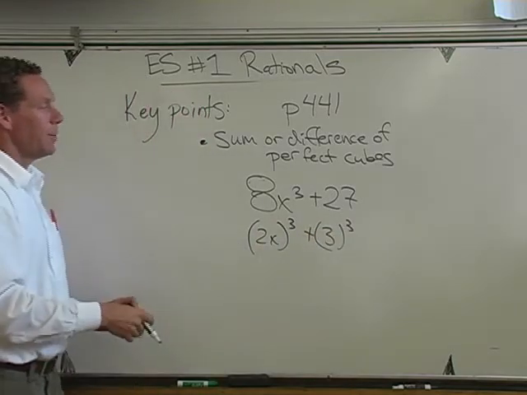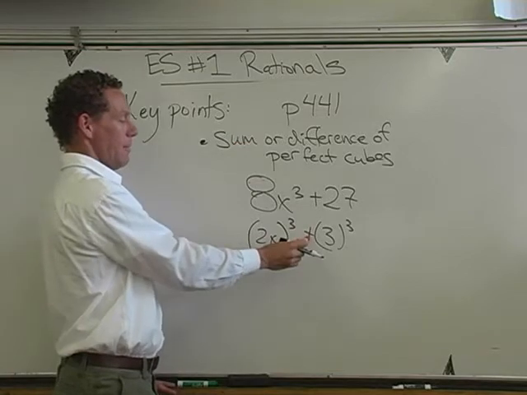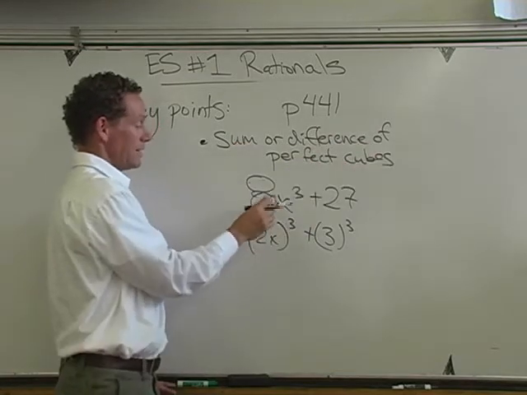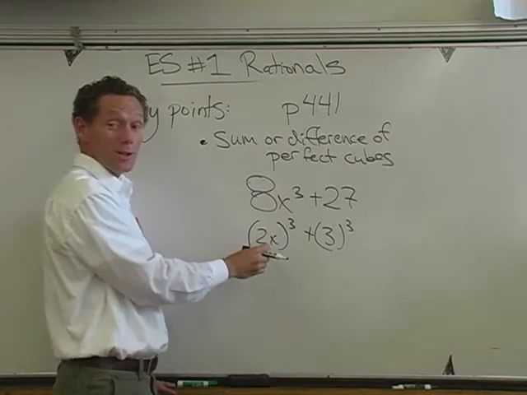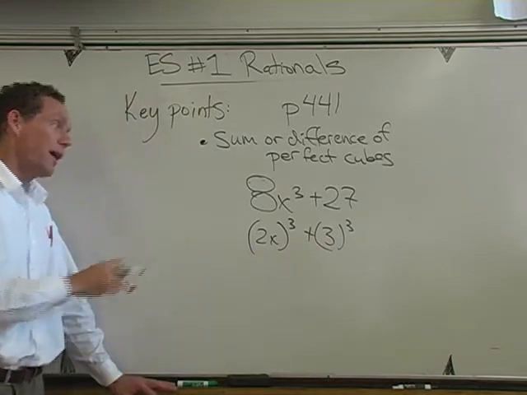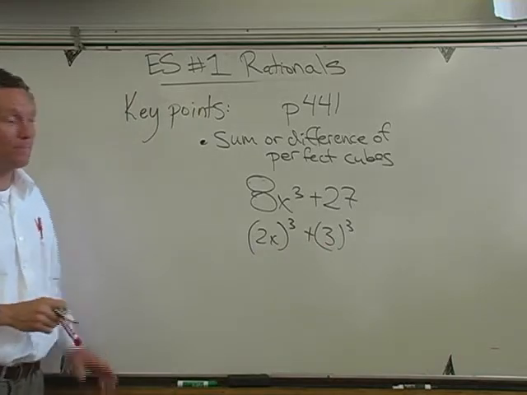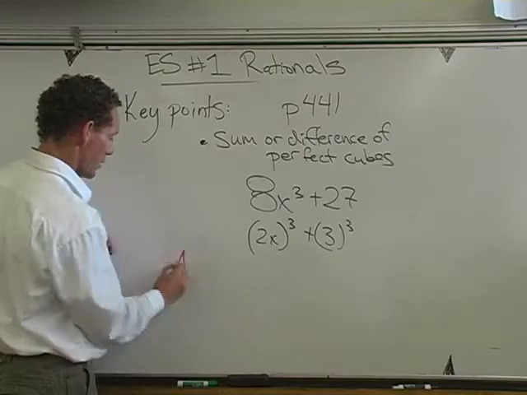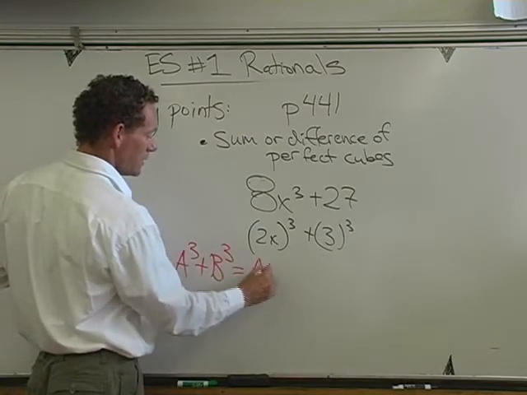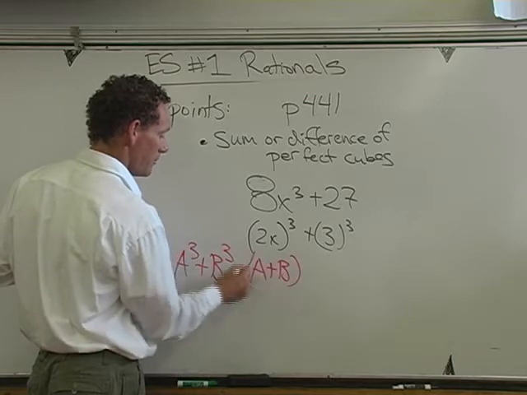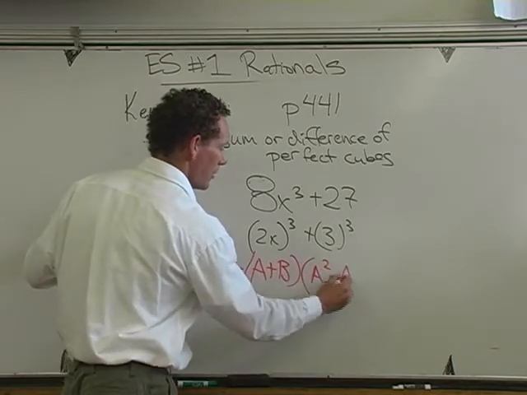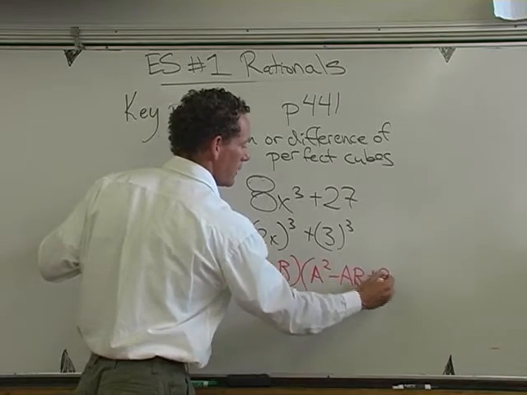So if you think about it this way, here we're talking about a sum because we are adding, and they're perfect cubes because this has a perfect cube root, that is 2x, and 27 has a perfect cube root, that is 3. Okay, the formula then. Correct, so a cubed plus b cubed, in general, is a plus b, and then a squared minus ab, plus b squared.